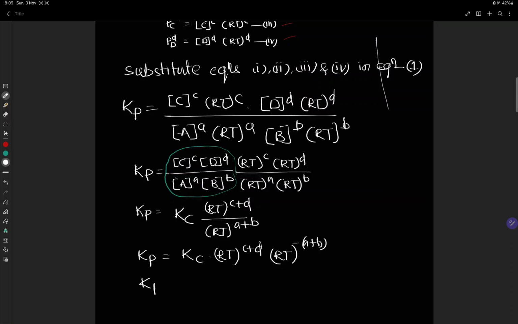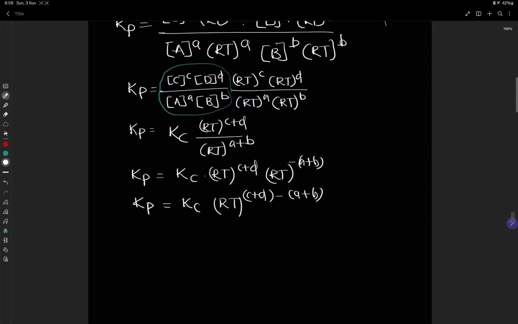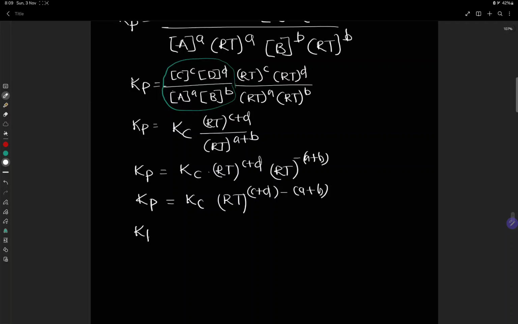Then Kp is equal to Kc into RT, bases same, so powers add: powers C plus D minus A plus B. Kp is equal to Kc into RT power.